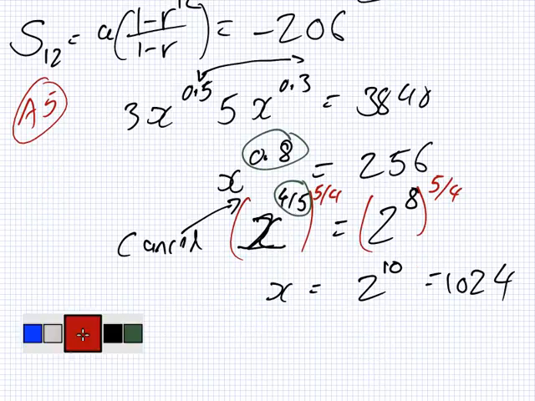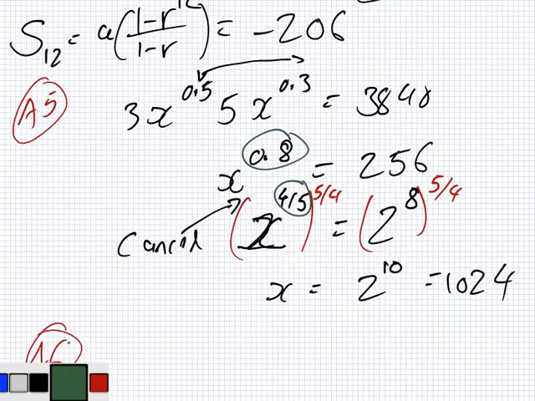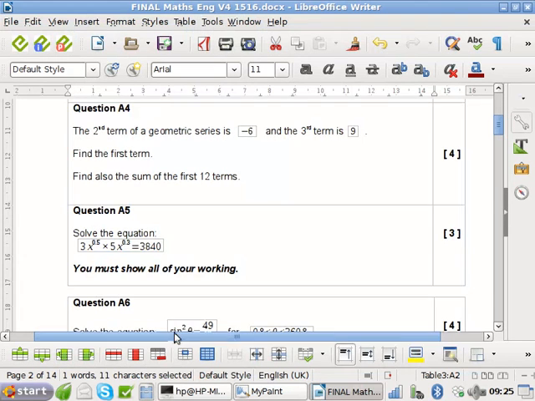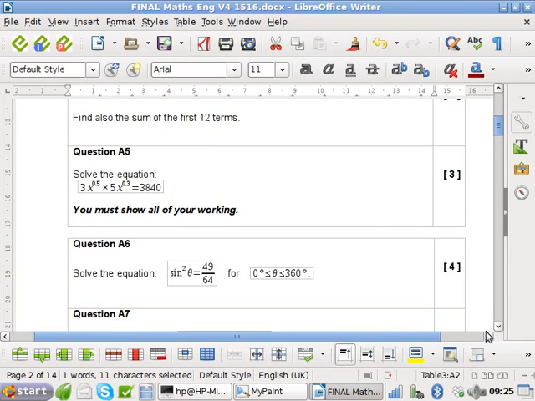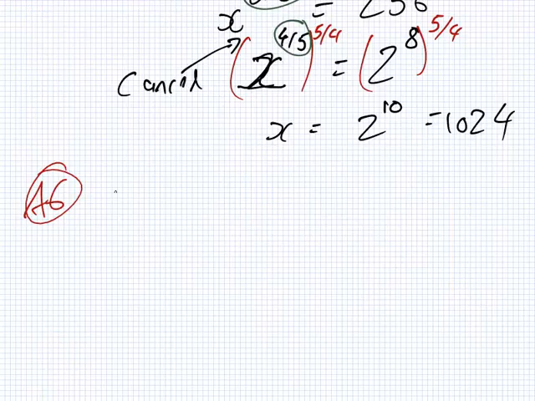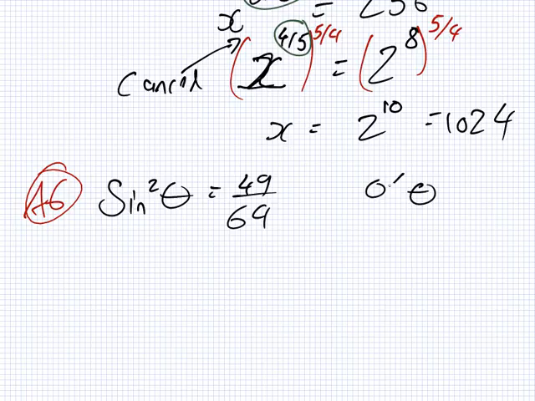Yeah, so let's have a look now. A6. Sine squared theta equals 49 over 64. Theta is between 0 and 360.